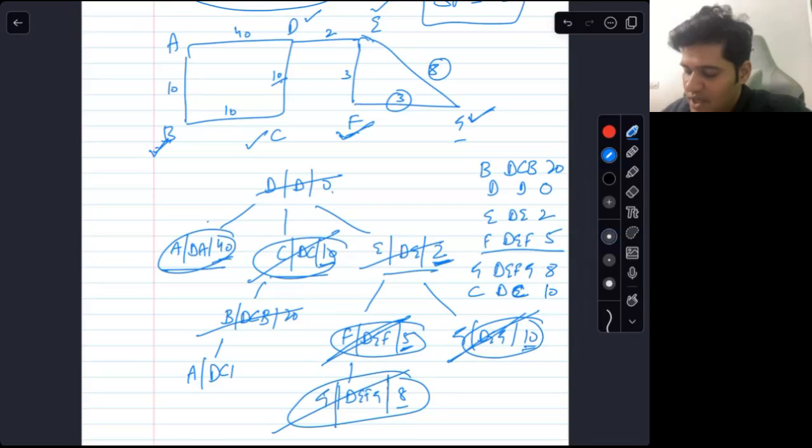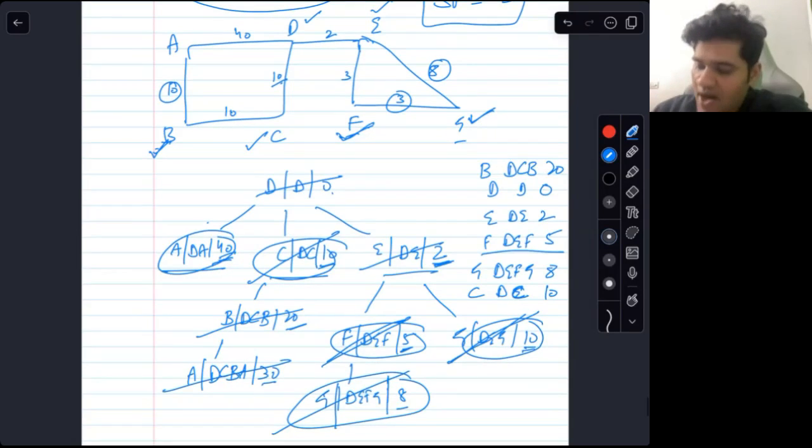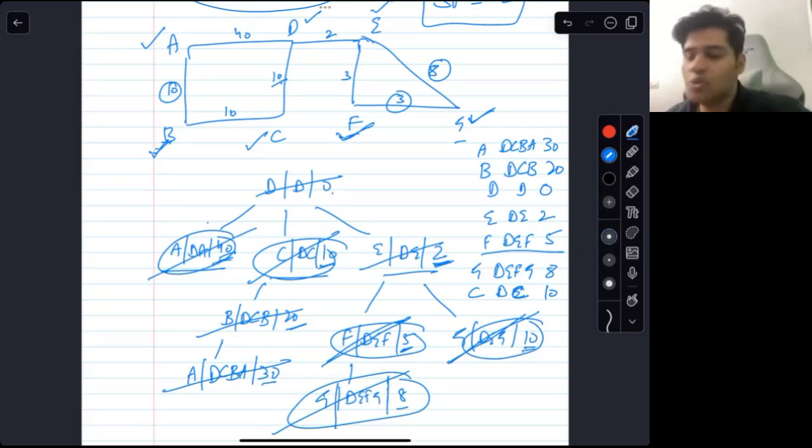A, DC, B, A at the cost of 20 old plus 10 now, 30. Now 40 and 30. Remove, mark, work. A, DC, B, A, 30. And neighbors are B and D, both are done. Remove, it is already marked, so nothing to do.